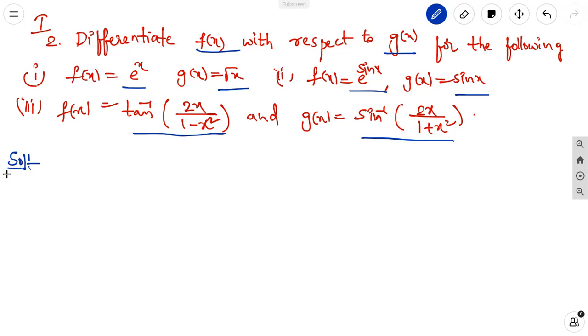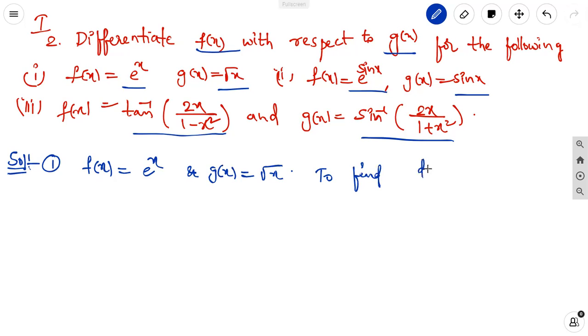Here, first solution. Here first we can observe that f and g functions are both in x variable. f of x equal to e power x and g of x equal to root x. Next, they are asking differentiate f of x with respect to g of x, means to find df by dg.